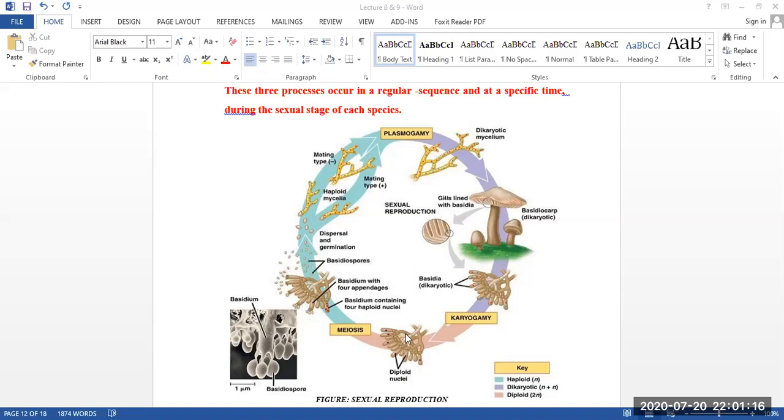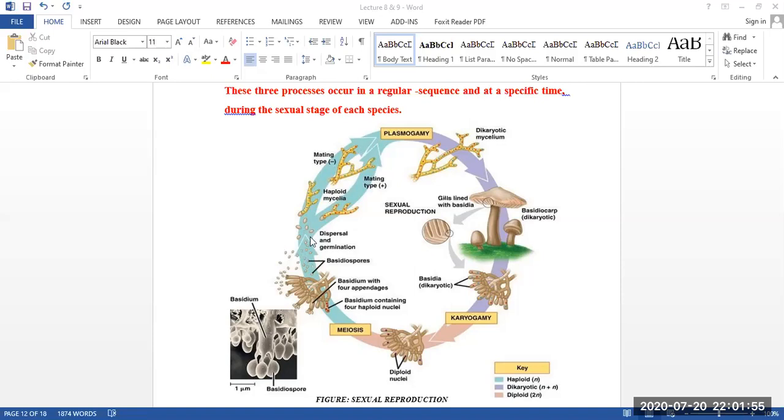So in the meiosis process, haploid nuclei are produced, and different kinds of haploid nuclei are produced that are genetically different from each other. After that, spores grow from there and are released into the environment. When they get favorable conditions, they germinate and produce mycelium again, and from there they go through different kinds of sexual reproduction.